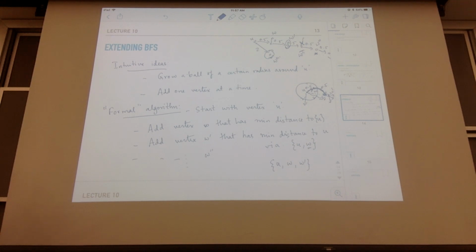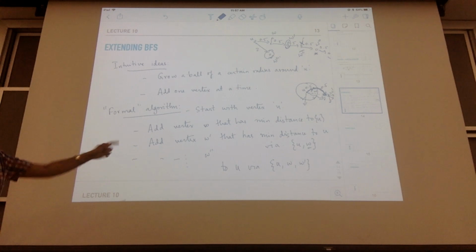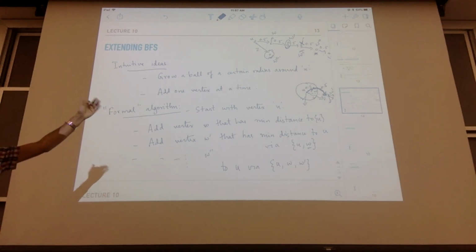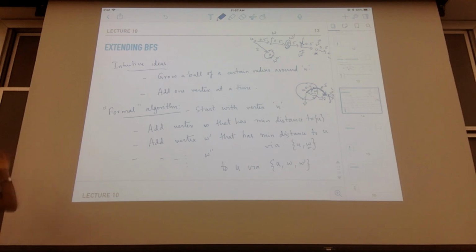So we care about distance to U. The same thing here: it's the minimum distance to U via this set. In fact, you've just pointed out the difference between this algorithm and the spanning tree algorithm. In the spanning tree algorithm, you don't care about reaching U; you just care about reaching the set that you've built so far. So this is Dijkstra's algorithm.